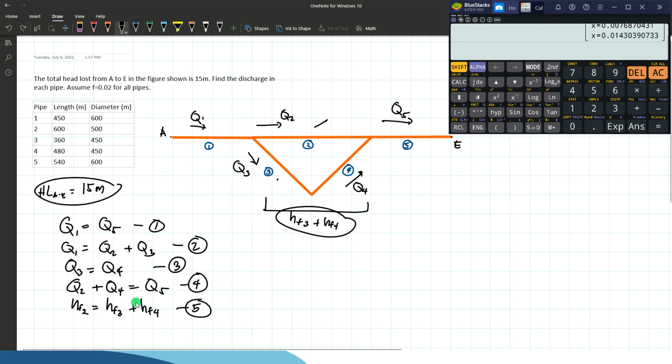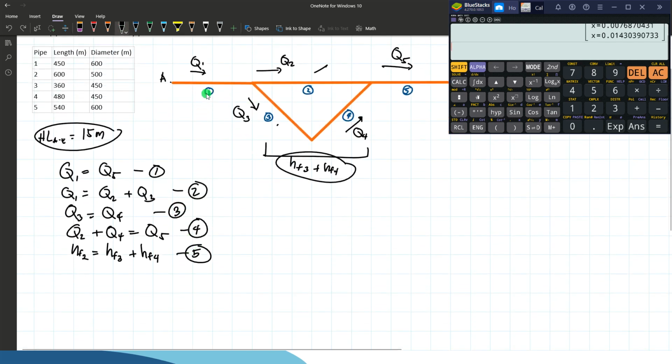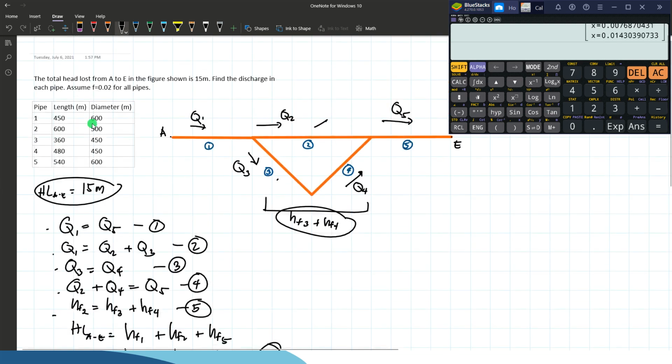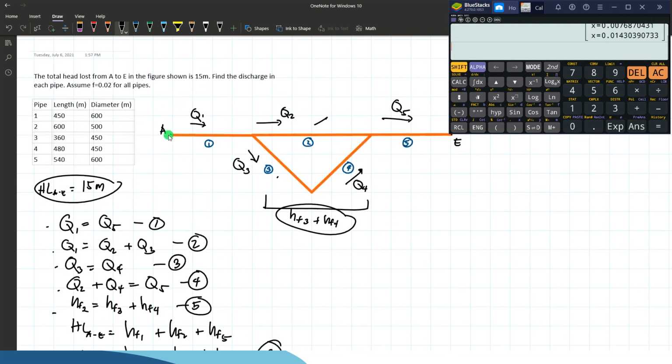So the easier way is from pipe 1 to pipe 2, then pipe number 5 for the total head loss from A to E. So HF of 1 plus HF of 2 plus HF of 5. Substitute 15, HF1, HF2, HF5. Equation number 6. So these are your equations that can be used in solving the required, which is to determine the discharge on each pipe.